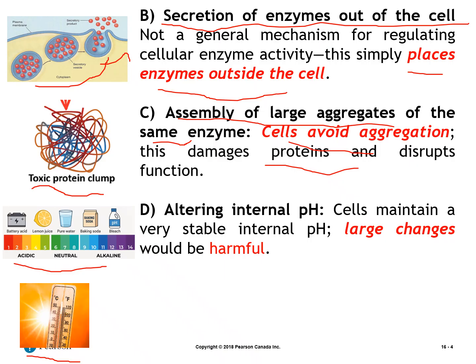Cells generally have a stable pH in the cytoplasm, and large changes would be harmful. So if they need a lower pH, they create a compartment, an organelle, where the pH is different, like the peroxisomes.